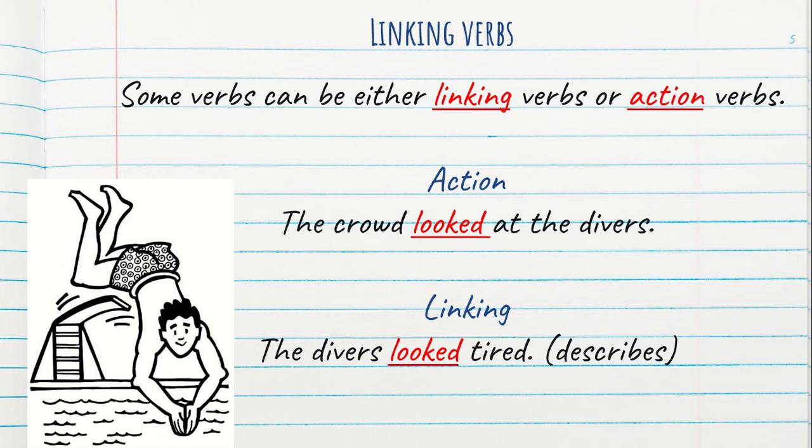Now let's read the next example. The divers look tired. Now, here in this sentence, the word look is describing how the divers look, tired. So sometimes the verb could be either action or linking. So you have to think and read carefully to see what the sentence is telling. Copy that in your notebook.